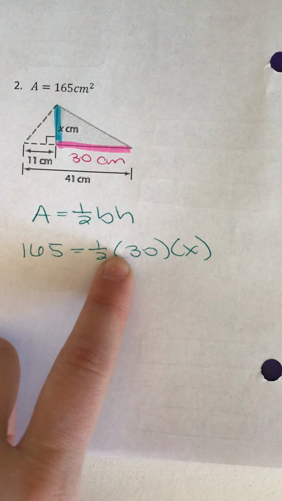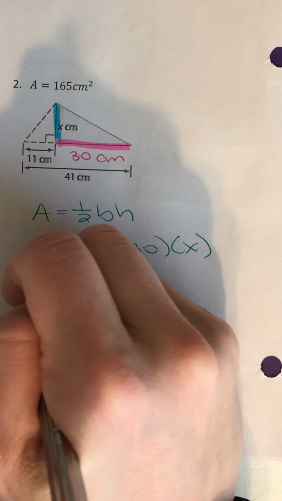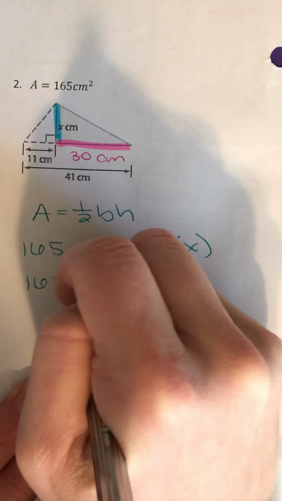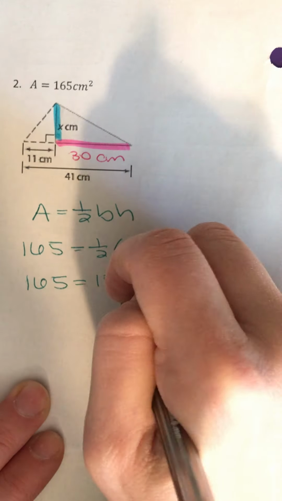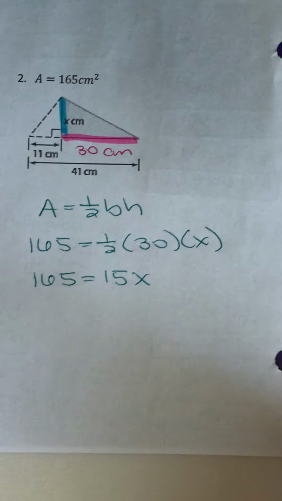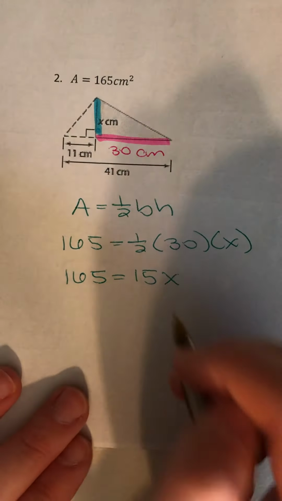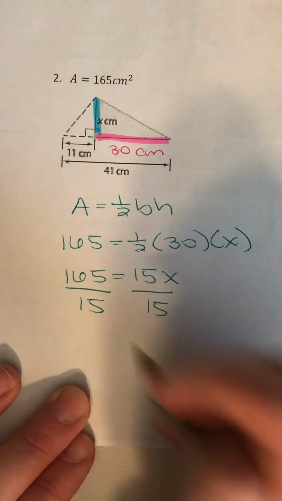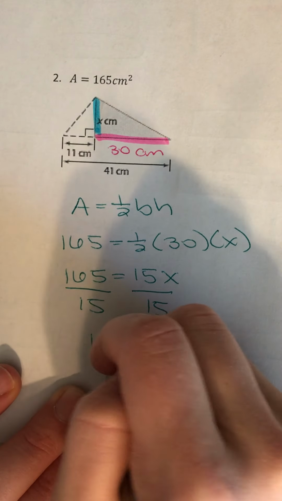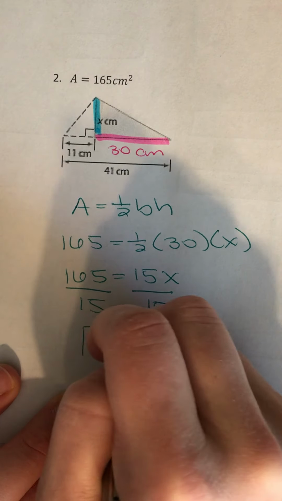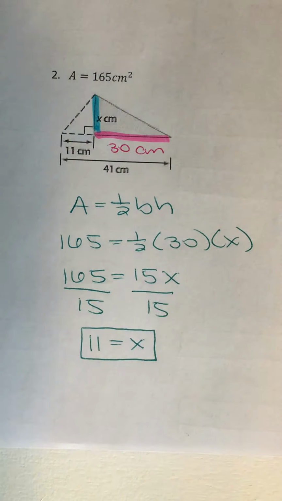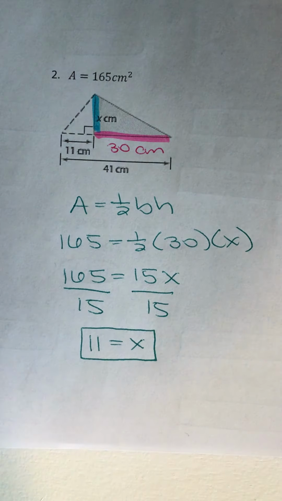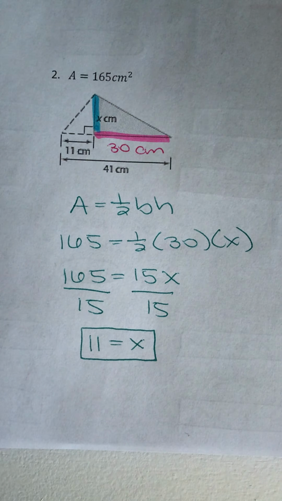Half of 30 is 15. Divide both sides by 15. And 11 is our x, that is our height. Okay, we're all done.